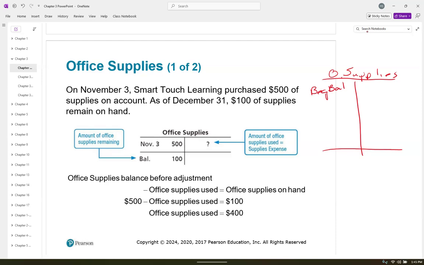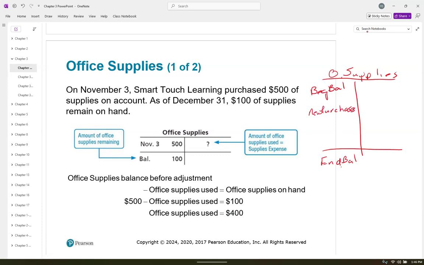You can only use up what supplies you have. You can't move that over to a credit balance. So if you see office supplies with a credit balance, there is probably something wrong. Okay. So you have your beginning balance, ending balance. What's going to be on the debit side of supplies is new purchases.